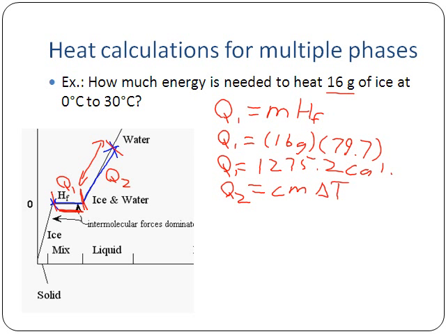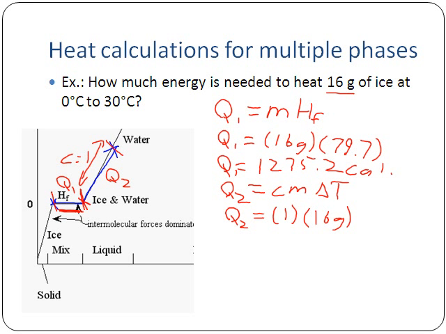And so for this, we say Q2 is equal to C. Since we're on the liquid water phase, we know that C is equal to 1 right there by looking at your colored sheet. So we have 1 times the mass, which we found before, 16 grams, times delta T. In this case, we have to look at only the temperature change on the section we're interested in here.